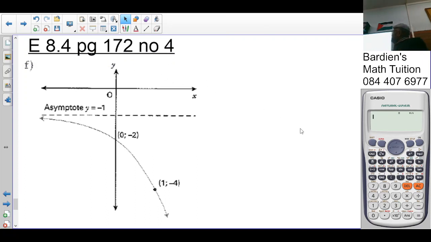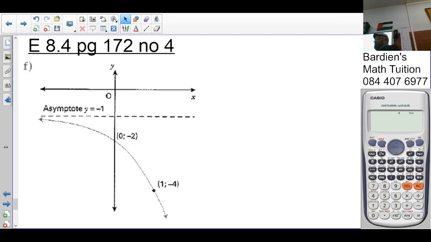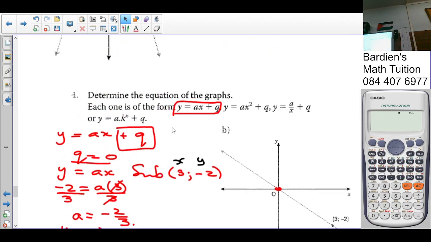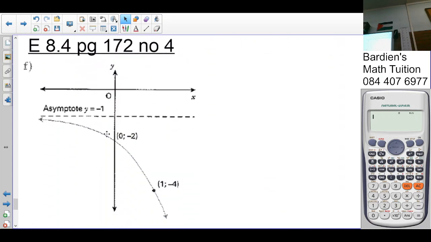Okay, exercise 8.4 on page 172, number 4. Again, we are told that this equation is one of those 4 listed in the introduction to the question. So which one of the 4 is it going to be? The last one. Why would it be the last one? Because what type of graph is this? Exponential.